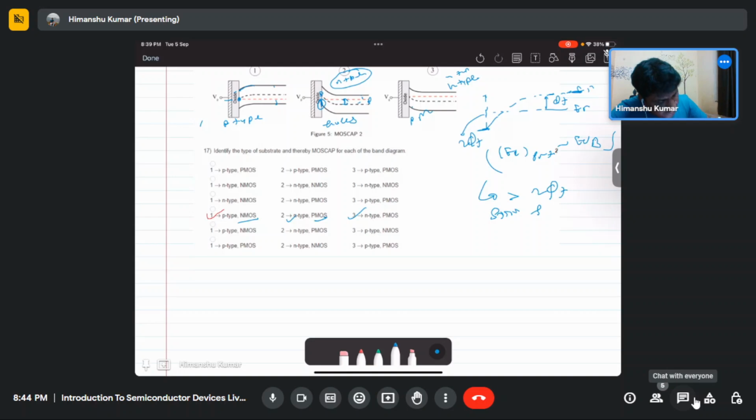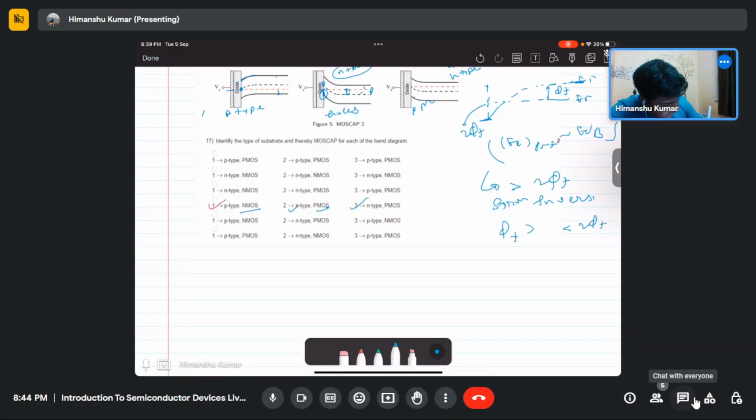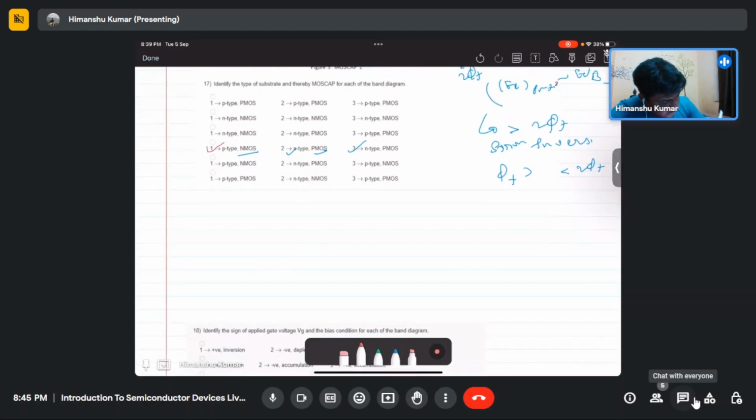If it is less than 2 phi f and greater than phi f, so it is between this kind of thing, then we can say weak inversion is there.